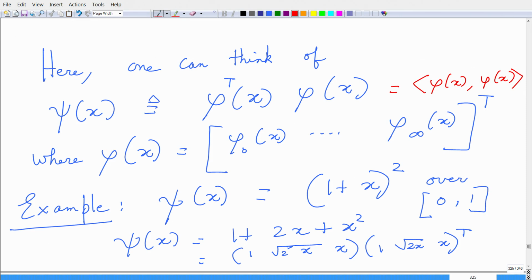So, you take the dot product of these two vectors, you get 1 plus 2x plus x square. So, this scalar valued function can be expressed as an inner product of two vectors.